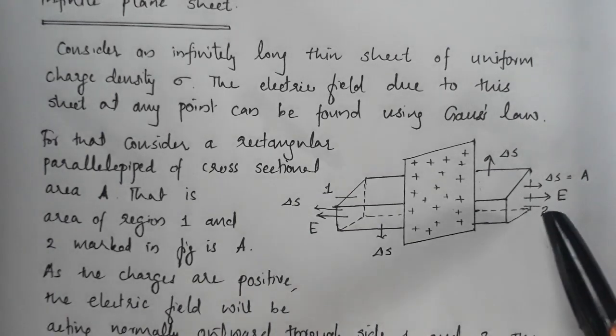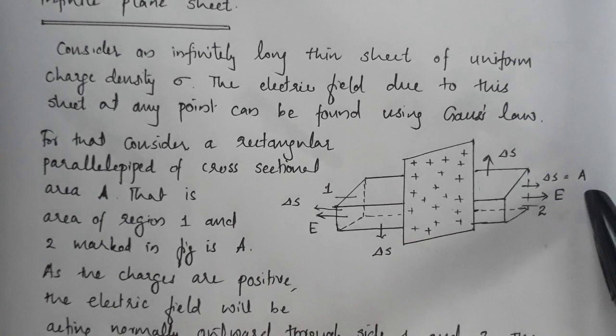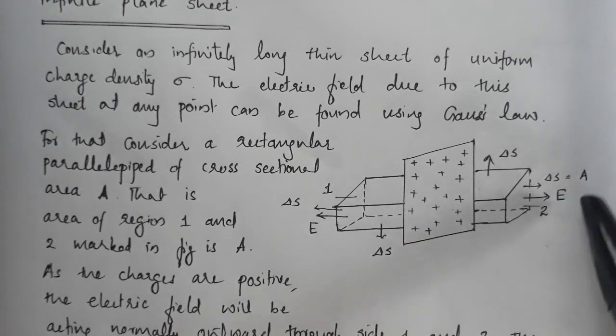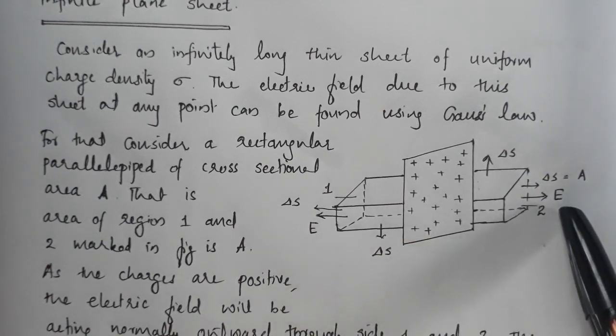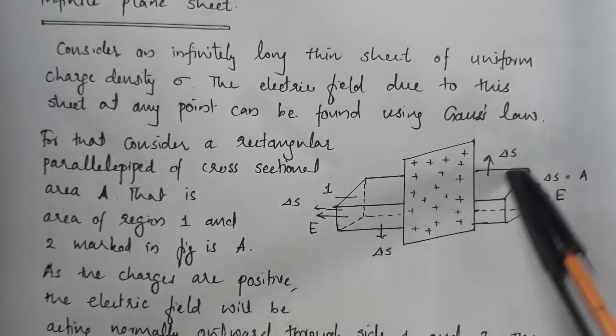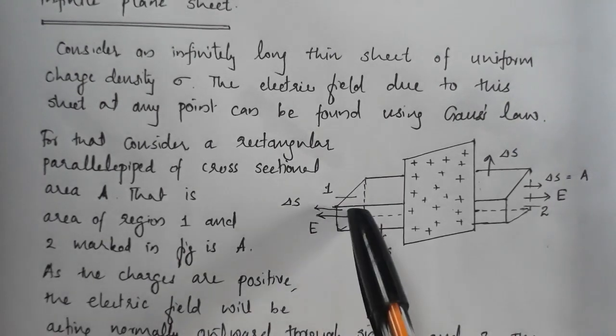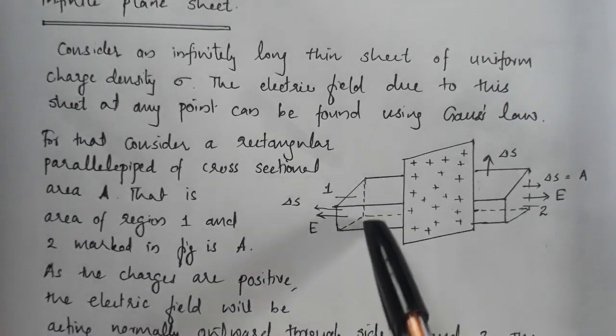Now let's consider the flux through this surface, that is E into delta S, that is E into A into cos theta. Here A and E are in the same direction, so the angle theta will be 0. So you get the flux through the surface as E into delta S, that is E into A. EA cos 0 is 1, that is E into A is the flux through this surface. Same here, electric field is acting towards the left side, area vector is also normally outward in this case.